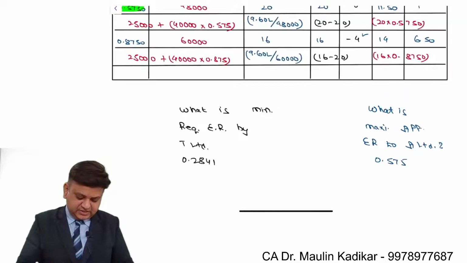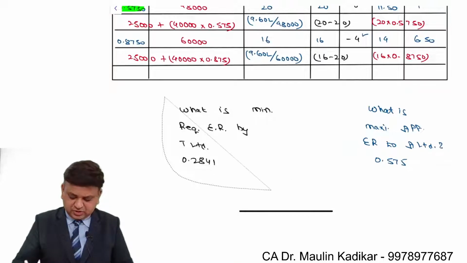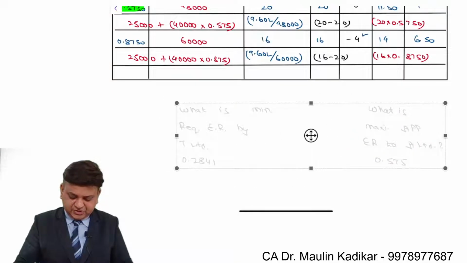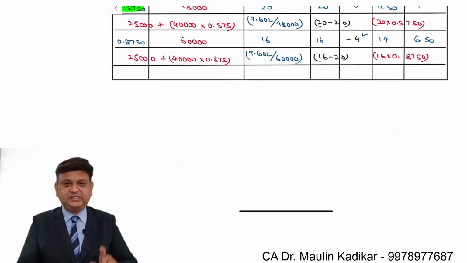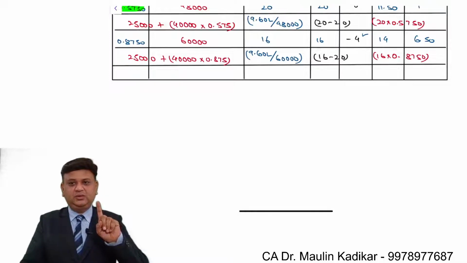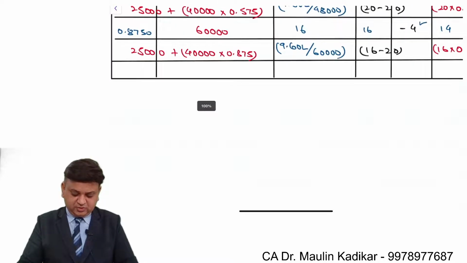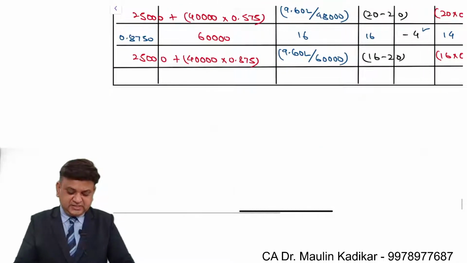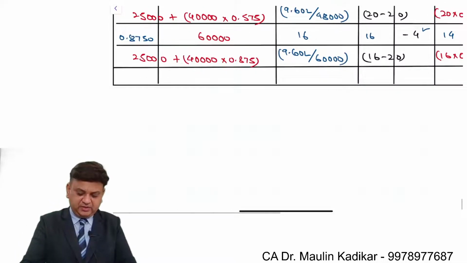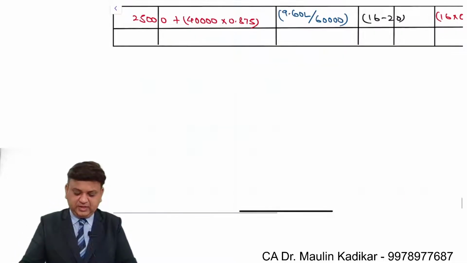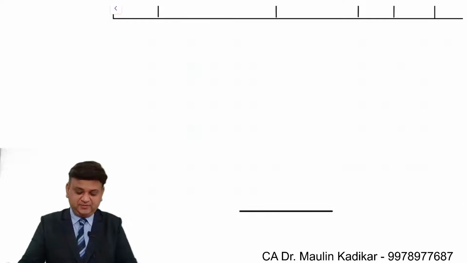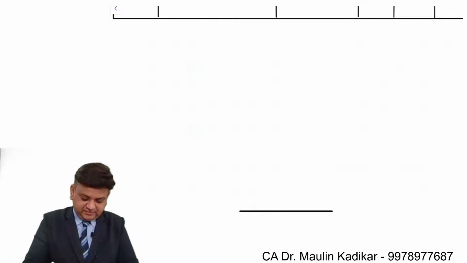Because for applying the shortcut formula, there is a condition. The first condition is that the break-even exchange ratio is fulfilled. The second condition is that there should not be any increase in the earning due to merger. Since the second condition is not satisfied, we cannot apply the shortcut formula. This is what we understand.